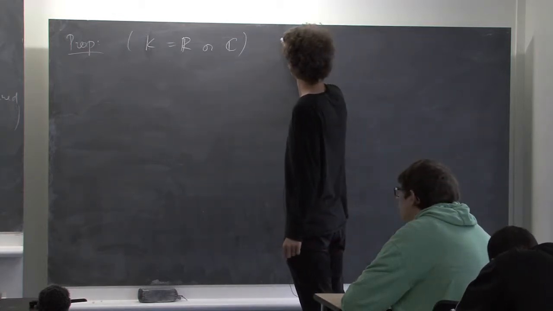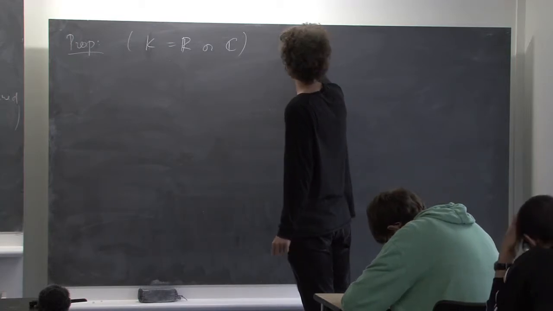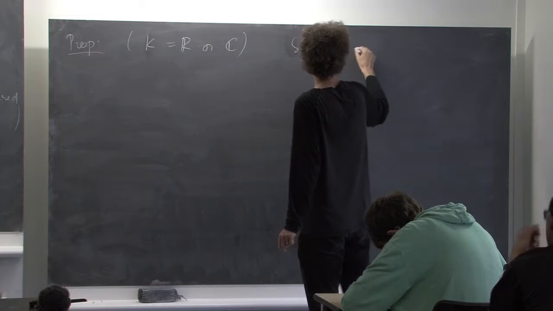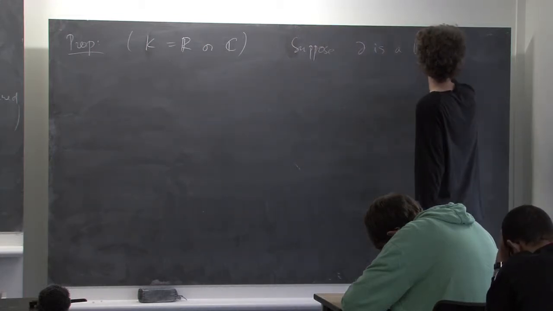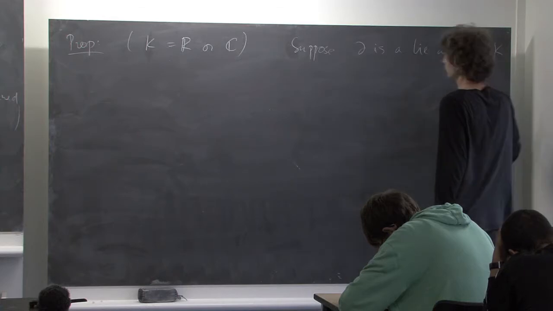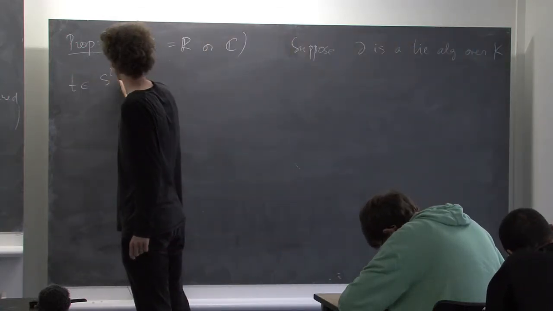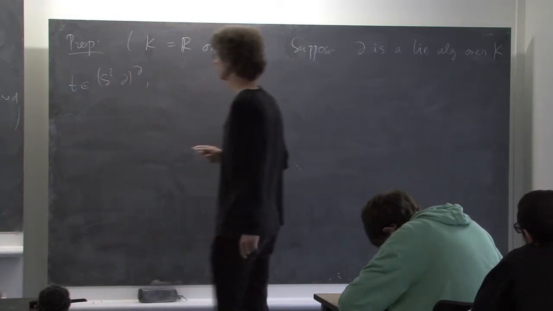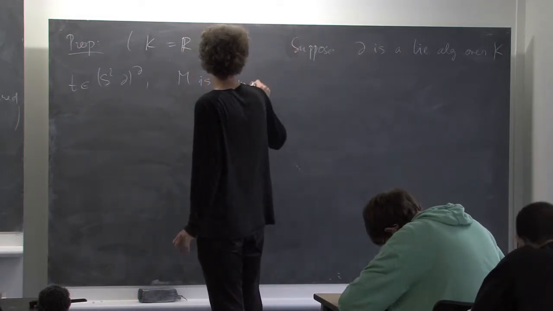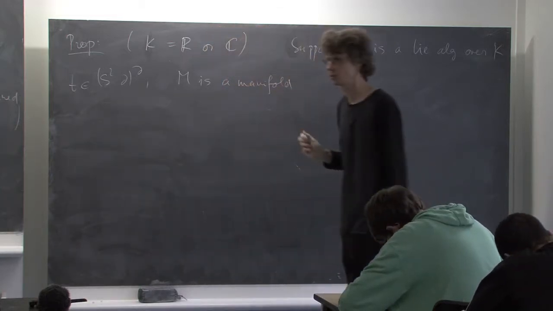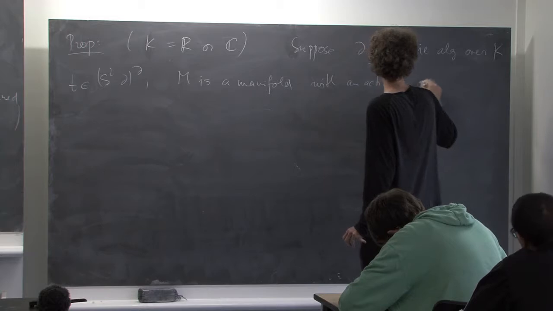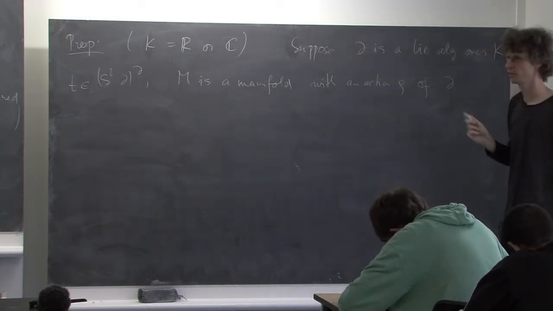So suppose we have, what we start with, D is a Lie algebra over this K, and now suppose M is a manifold with an action of D. Why do I need this?